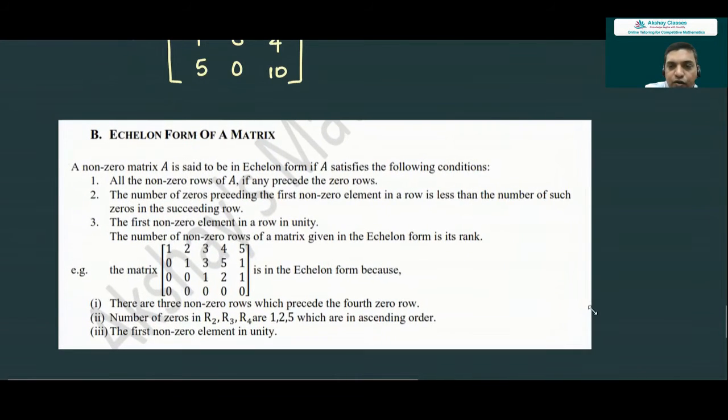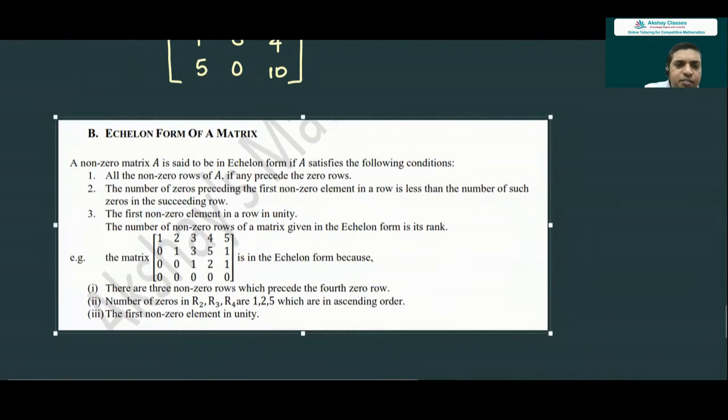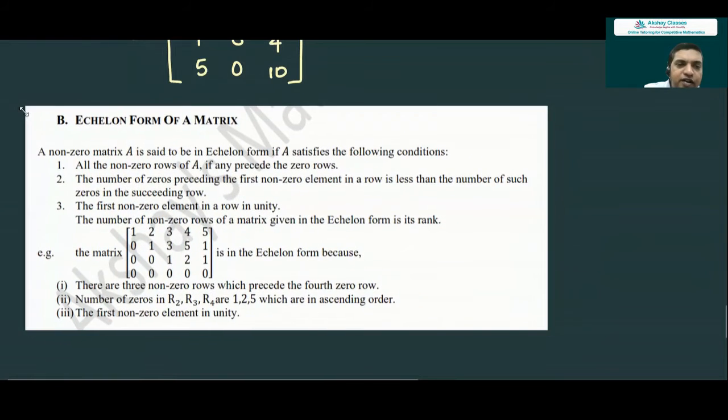Definition of echelon form of a matrix. This becomes very useful for finding ranks. If you have, say, a 10 by 10 matrix, to find the determinant of order 10, you are finished. Now, if you have to give a computer program to determine the rank of a 10 by 10 matrix, you will not say, find the determinant of the 10 by 10 matrix.